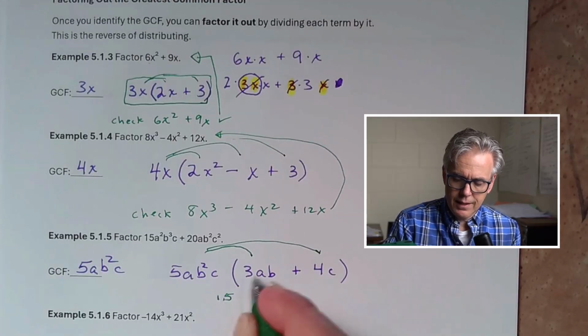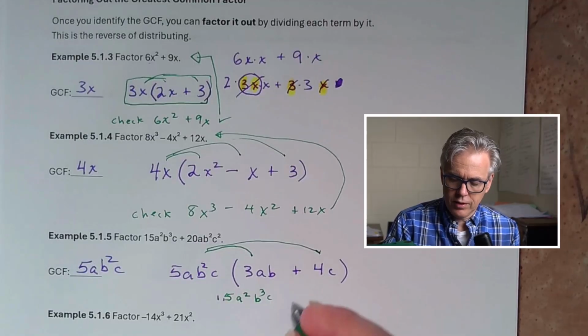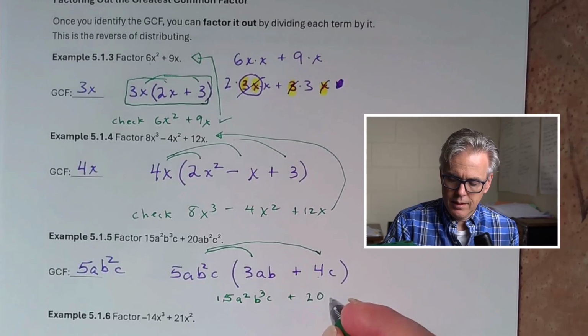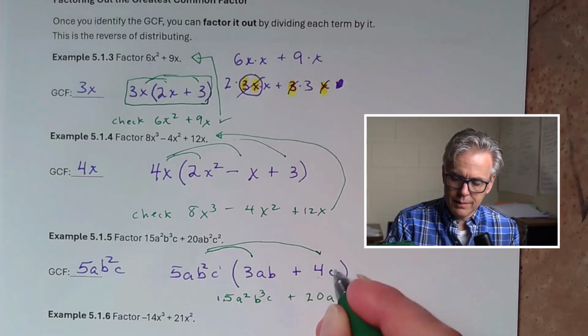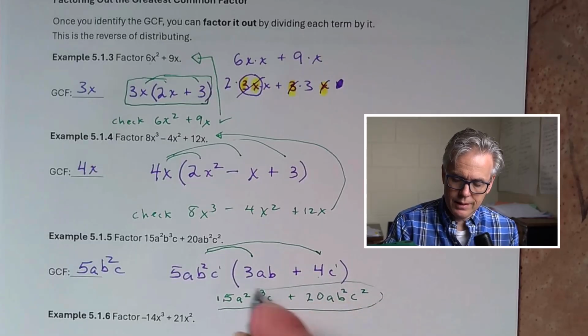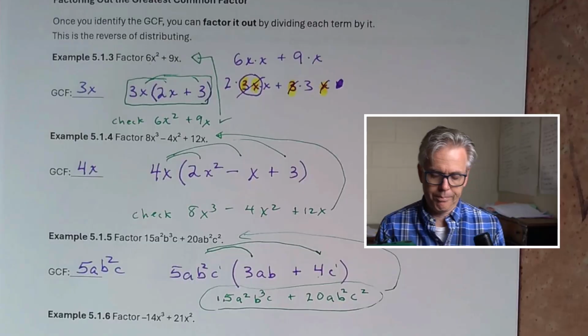So 15, and then a times a is a squared. b squared times b is b cubed. And then c is just a c. Plus 5 times 4 is 20, a, b squared, and then c to the 1 times c to the 1 is c squared. I have been known to catch my own mistakes in here when I'm going too fast. So that looks good, though.